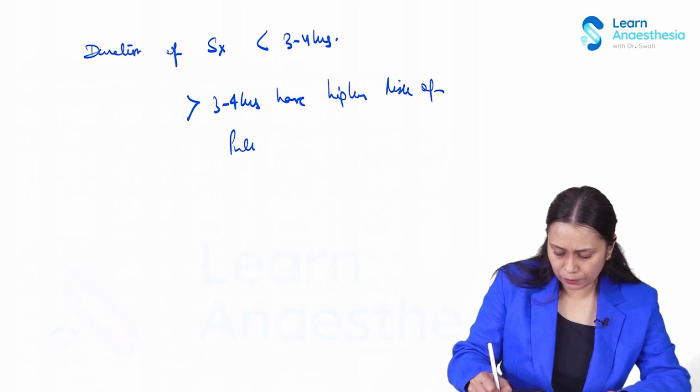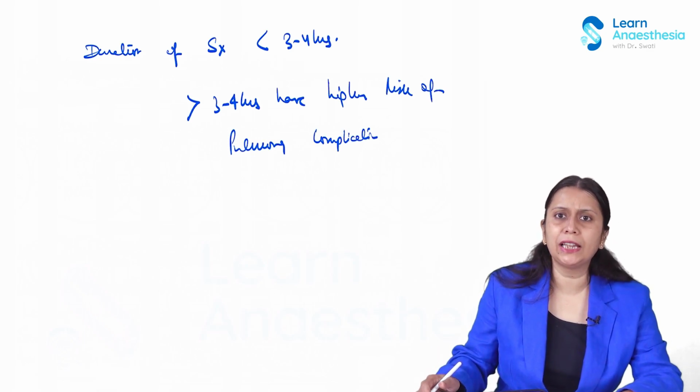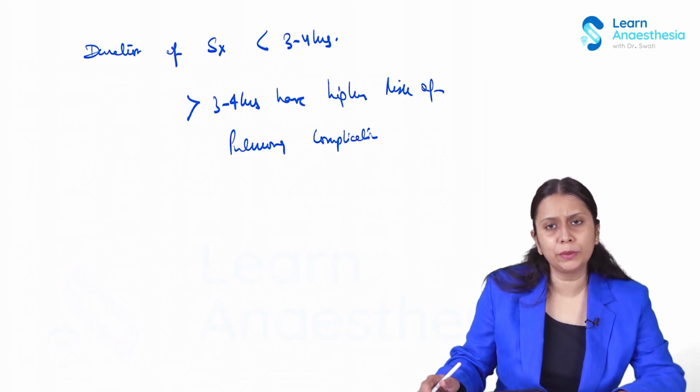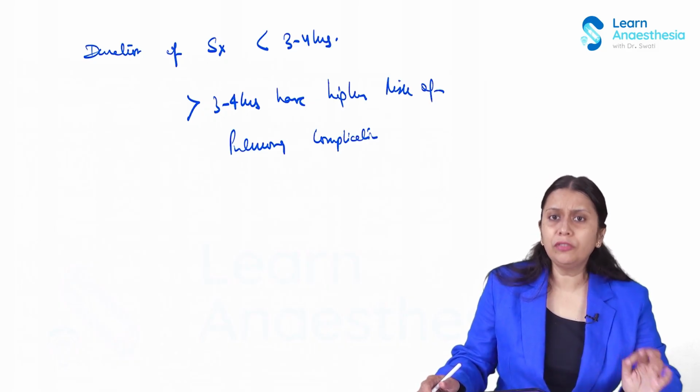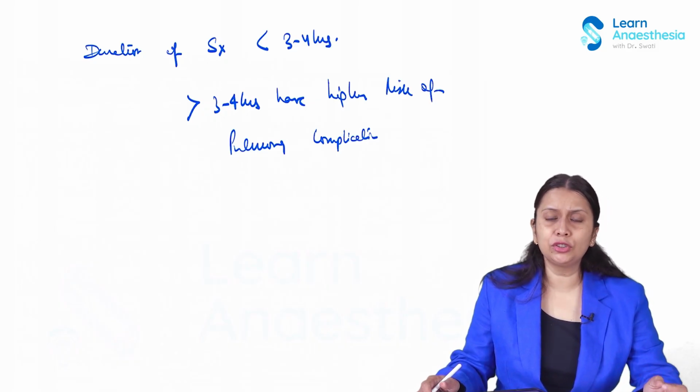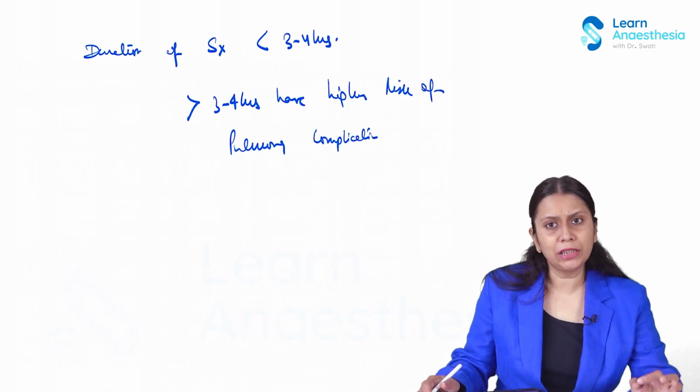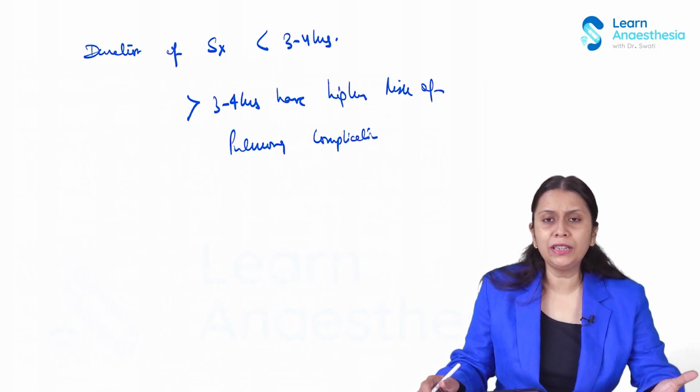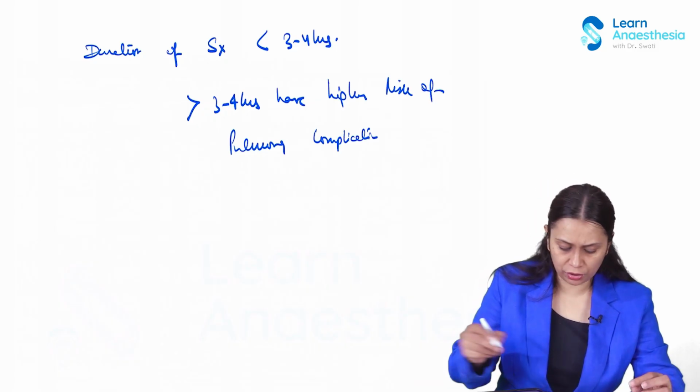Then surgeries can be done by different techniques like open laparotomy or laparoscopy or robotic technique. So definitely less invasive techniques should be practiced in these patients, which would give much more benefit in preventing post-op pulmonary complication.